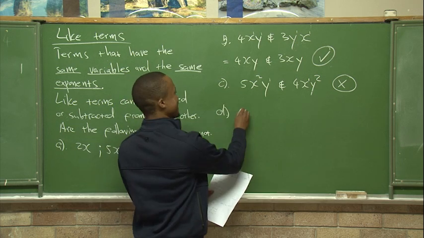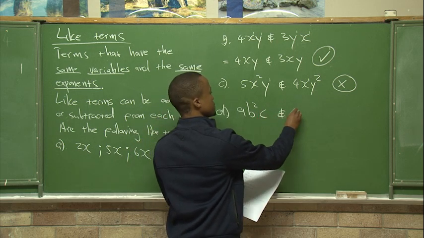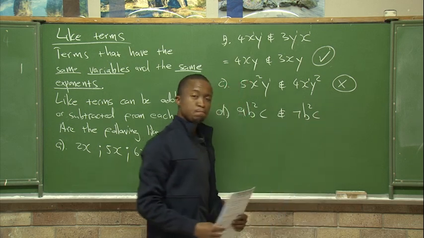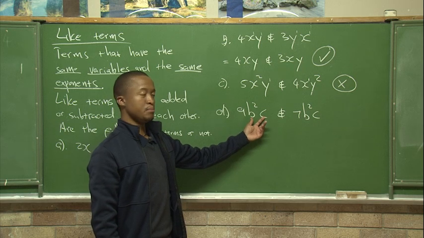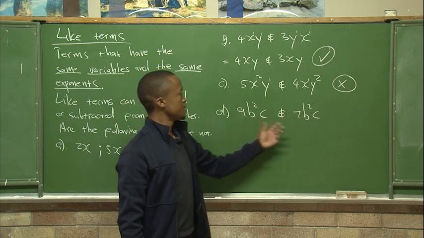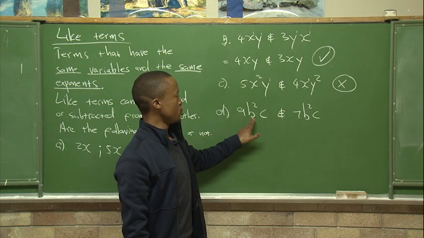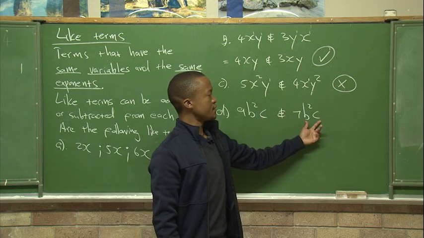Then let's look at this one. We have 9b squared c and 7b squared c. Are the two like terms or not? Notice the variables are b and c for both, and the exponents are the same as well, because the exponent of b is 2 and the exponent of c is 1, and the same for the second term.